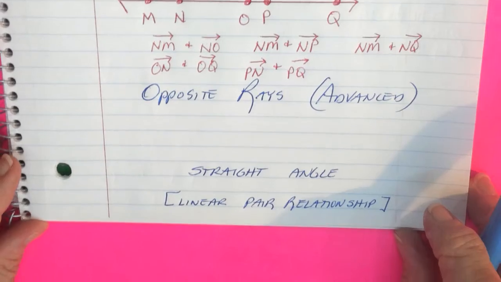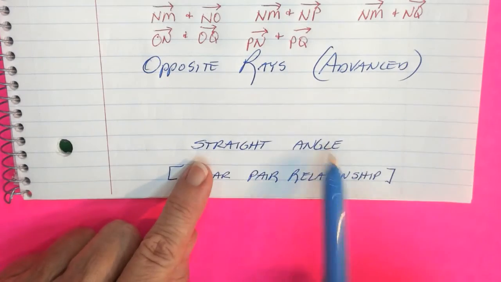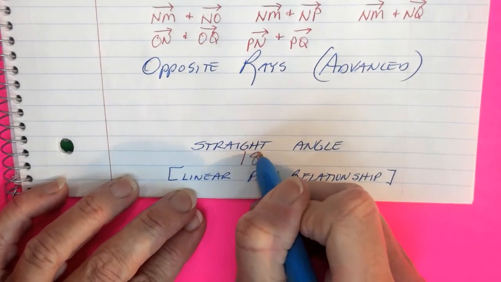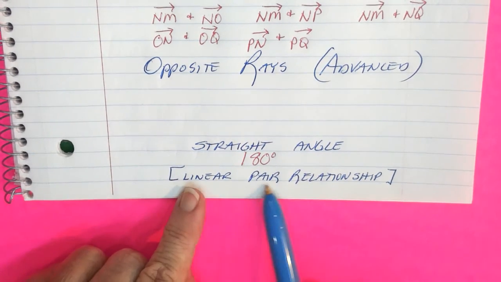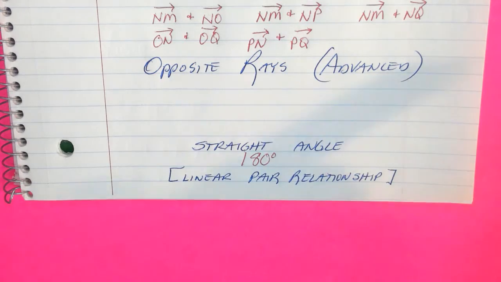So I want you to remember that opposite rays form a straight angle. That means that's 180 degrees. I wrote down here linear pair relationship because think about it.